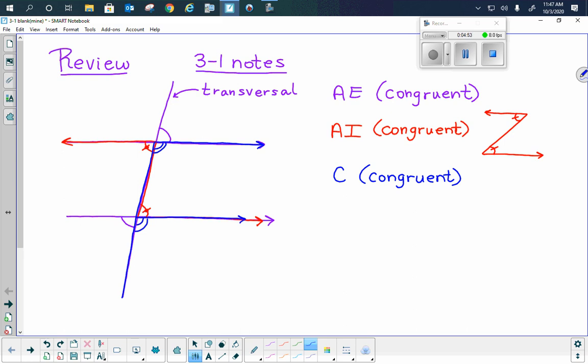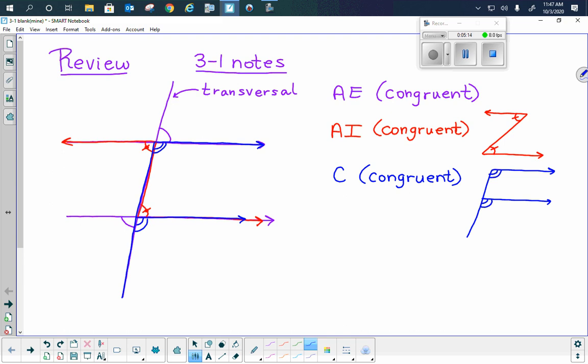Okay, so if these 2 parts of the F are parallel to each other, the two that have the arrows, then you should know that this angle and this angle are corresponding and therefore congruent. But again, you got to look for those parallel lines.